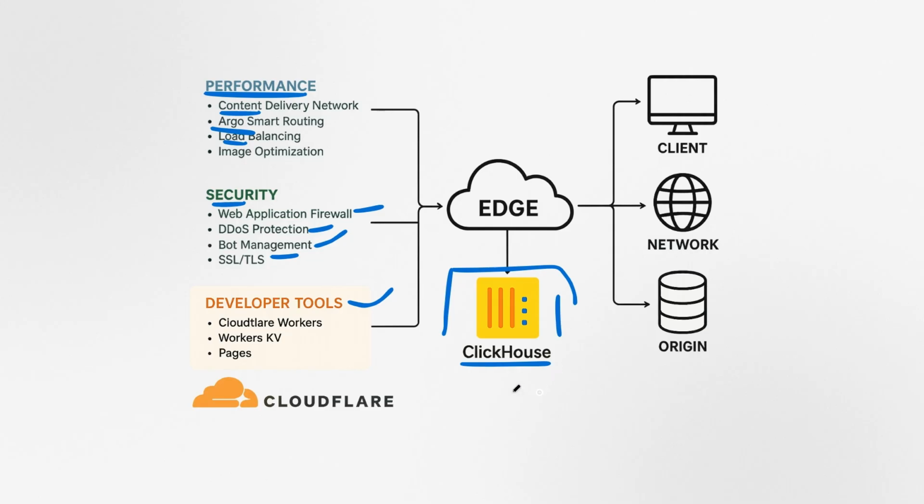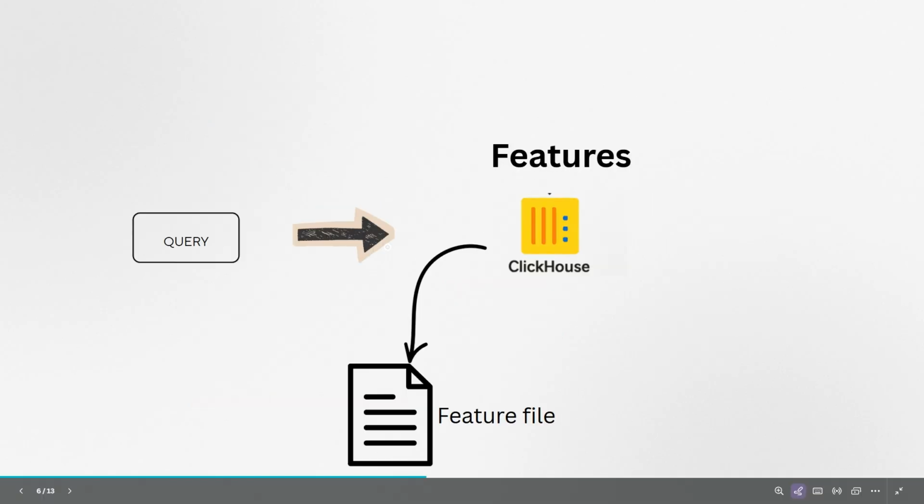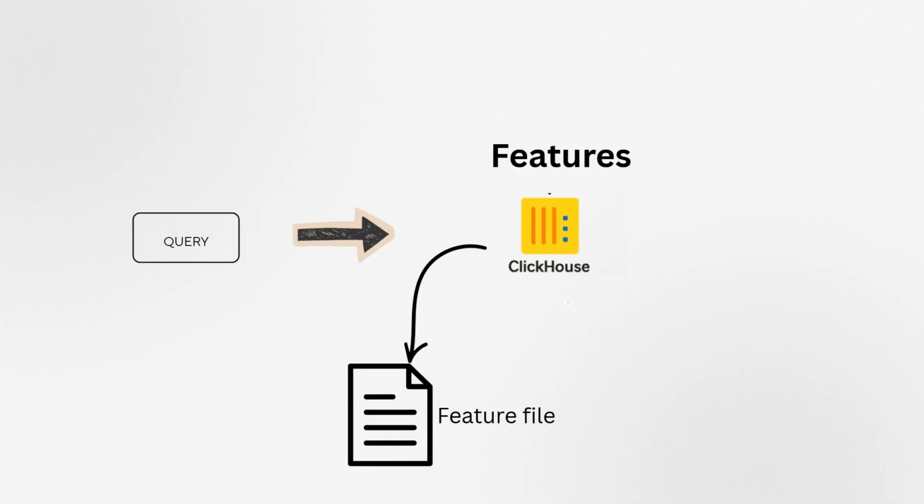Cloudflare keeps on updating these feature definitions in its ClickHouse DB. The reason is that hackers might have understood the different feature definitions and may try to break the system, so Cloudflare constantly updates them.